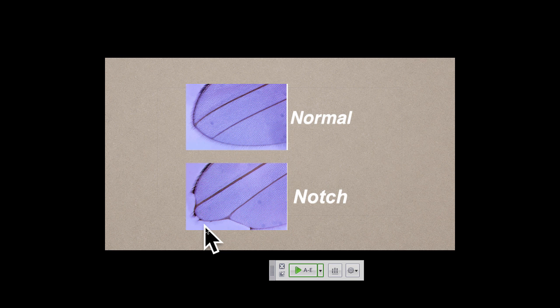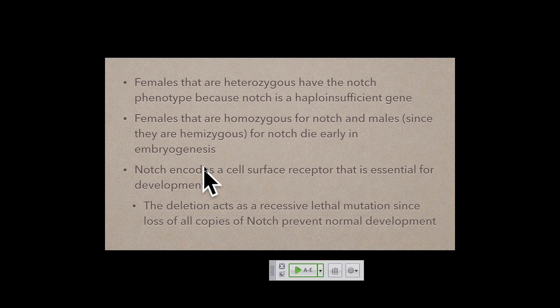Notch actually encodes a cell surface receptor, so males who have this small deletion on the X are lethal, because it's an essential cell surface receptor protein required very early in development. So only the females will have that notch phenotype.